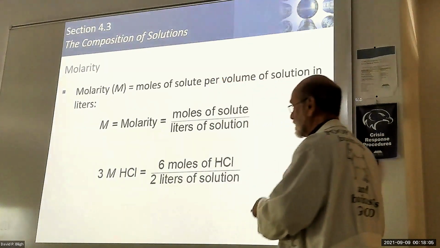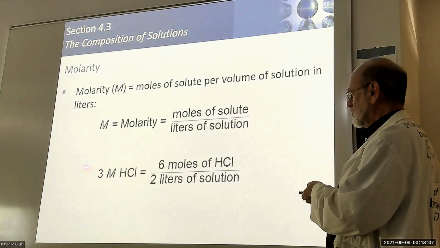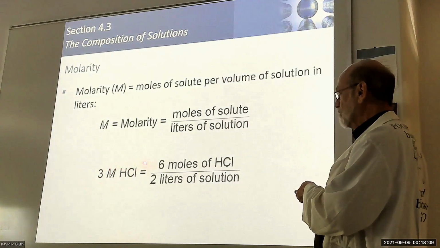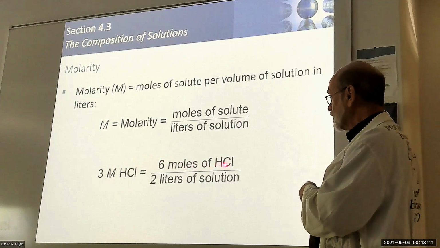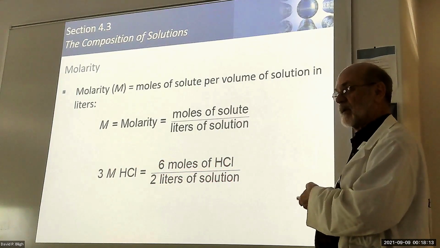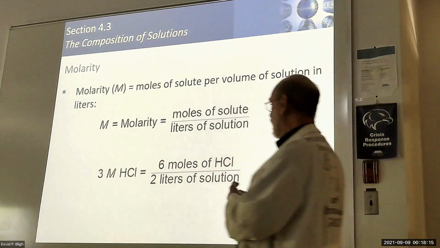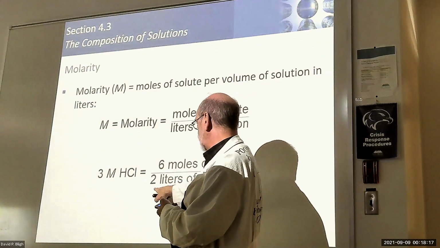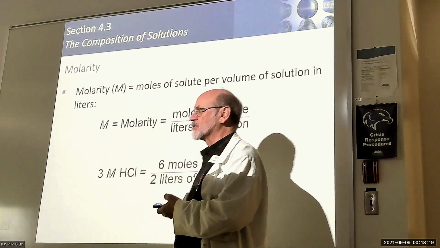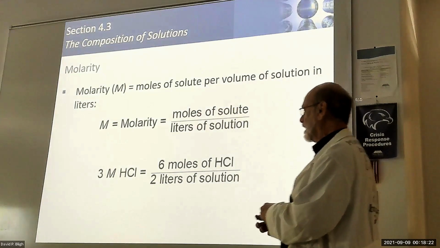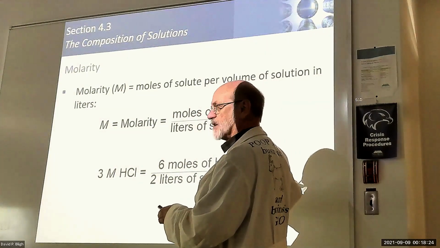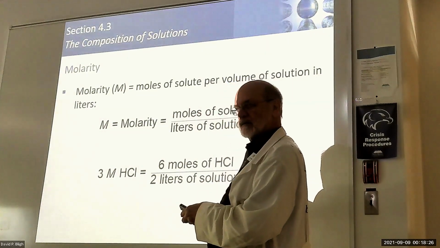So this example says 3 molar hydrochloric acid may be produced by 6 moles of HCl in 2 liters of solution. But the ratio is the important part. You can have 3 moles of HCl in 1 liter of solution and get the same concentration. Right? Moles and volume are capacity factors. Right?